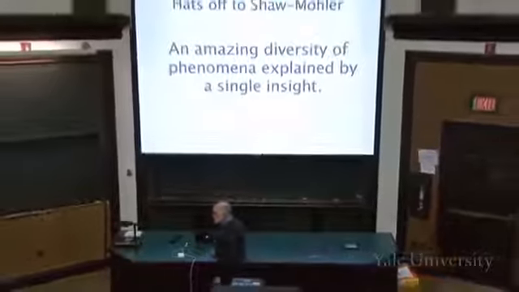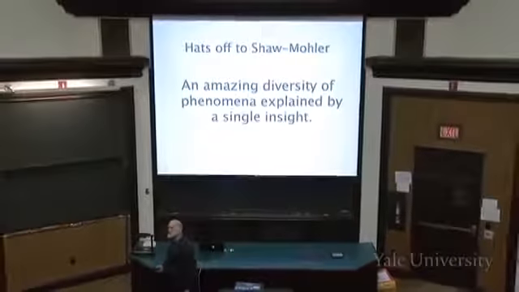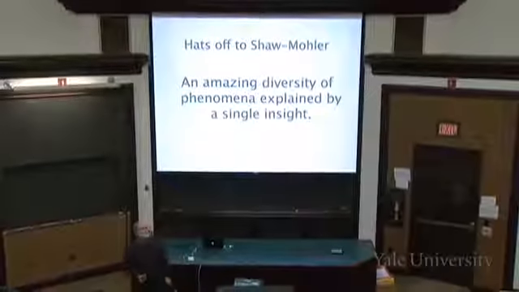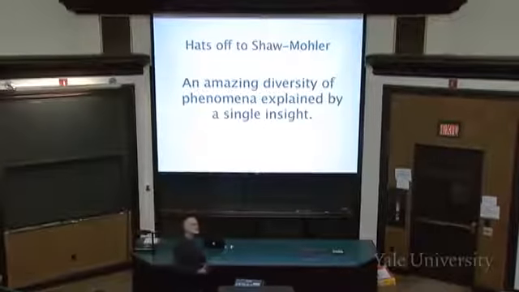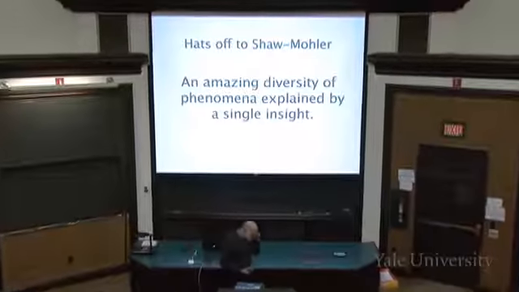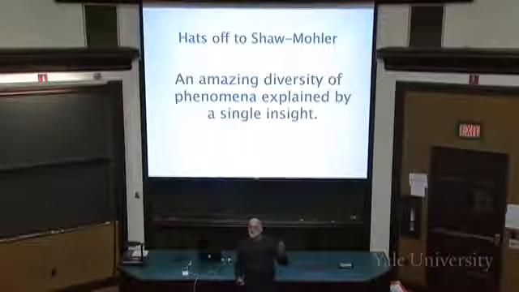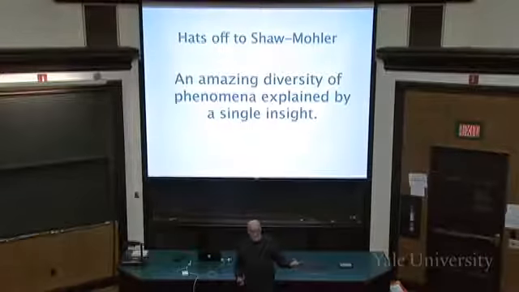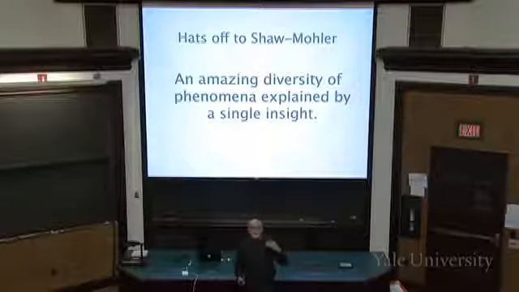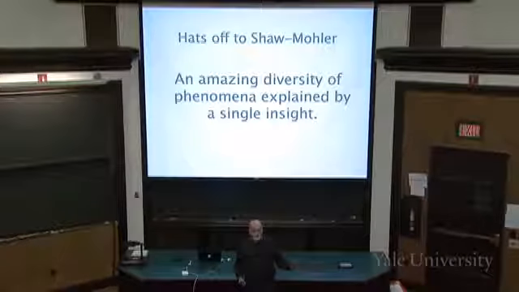So I think that the Shaw-Muller theorem is a case in which very disparate kinds of information are being brought together and explained in the same theoretical framework. Remember, we've looked today at sex ratios in mites, where you have incest and cannibalism going on.